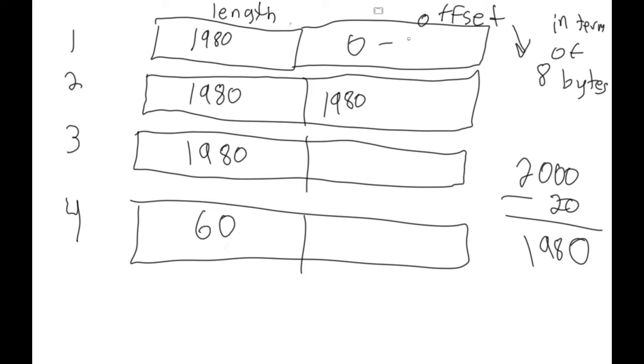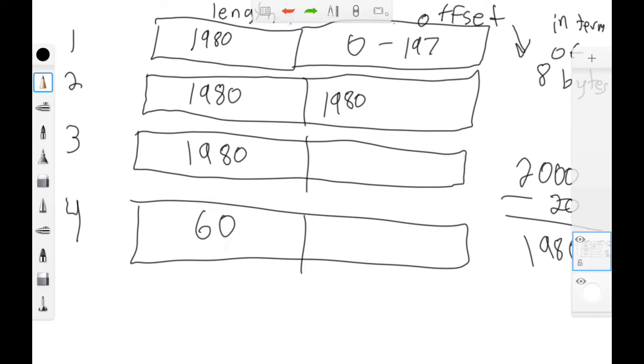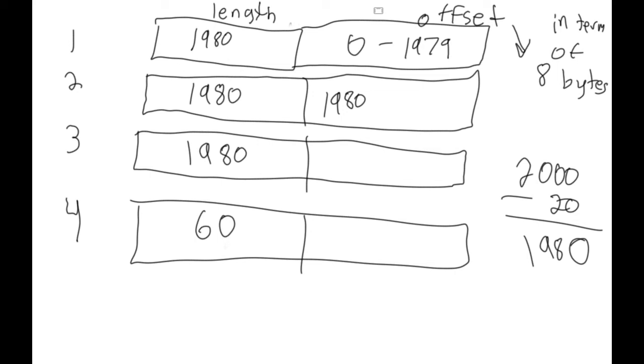So this would be 0 to 1979. And then 1980 is where the second fragment starts, 1980 until 1980 plus 1980 minus 1, so 1980 through 3959.